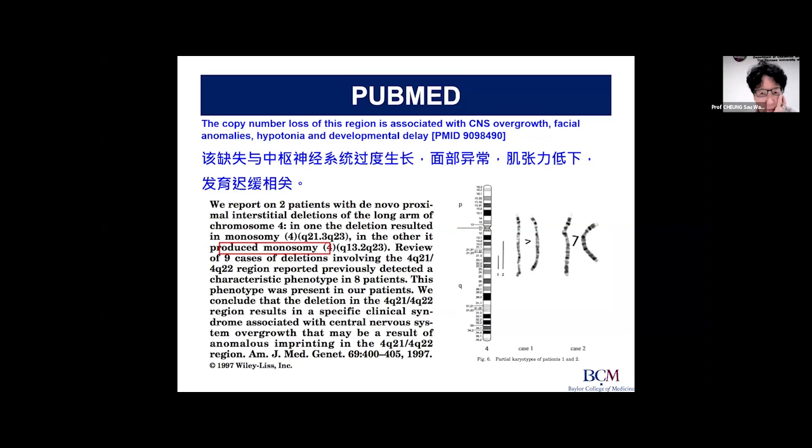This article shows that they have 2 patients with de novo proximal interstitial deletion of the long arm of chromosome 4. In one, the deletion resulted in monosomy 4q21.3 to q23, which is another.